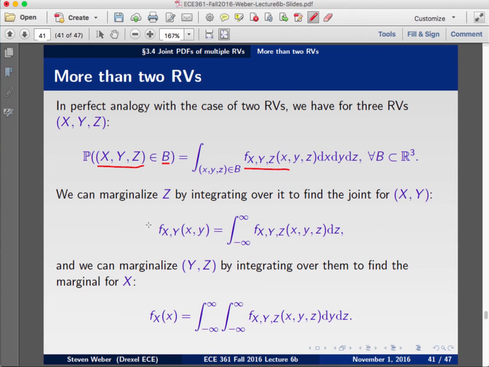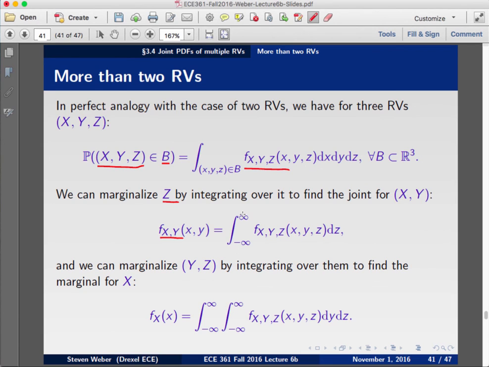And I can marginalize the random variable Z by integrating over it. So if I start with the joint PDF f of x, y, and z, and what I want is the joint PDF for X and Y without reference to Z at all, I simply marginalize out, that is, I integrate over all possible values of z from negative infinity to positive infinity.